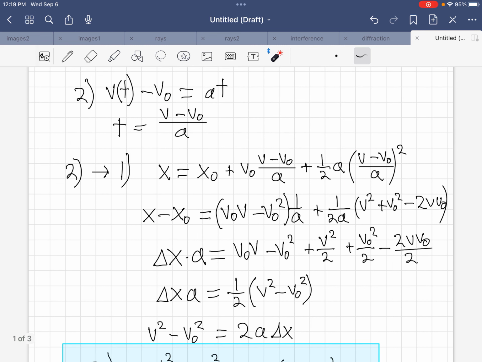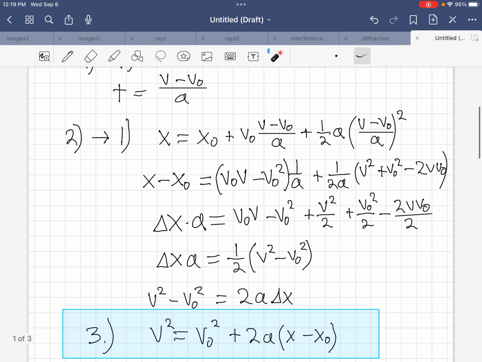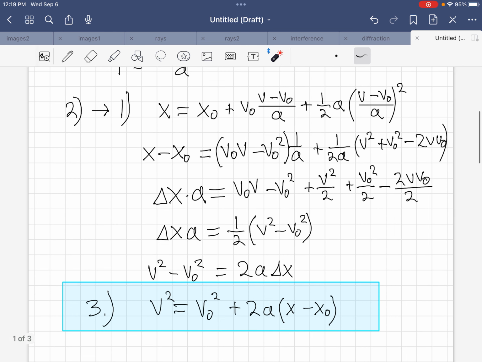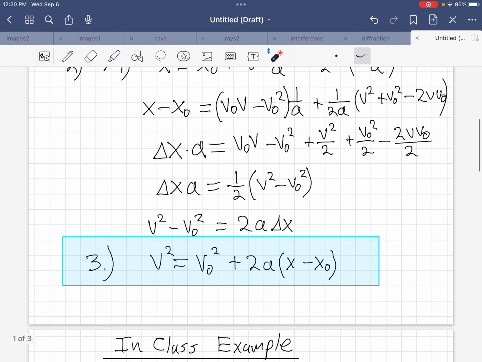Then we do a little bit of algebra, and you can follow along with this if you want, but essentially some terms combine, some terms cancel, and in the end we get a simple expression where we can calculate the velocity as a function of the initial velocity, the acceleration, and the change in position.